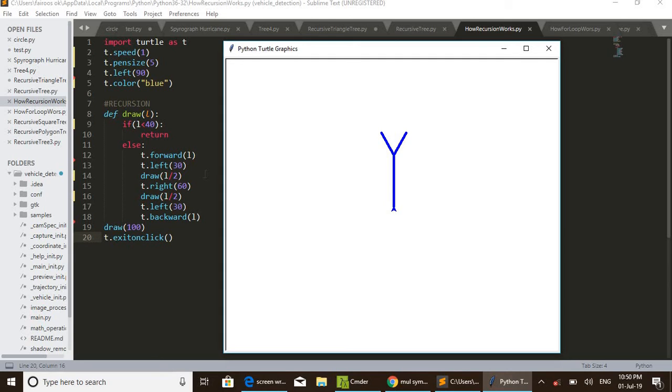Then after forwarding 50 units, t dot left 30, again it turns left 30 degree in this direction.